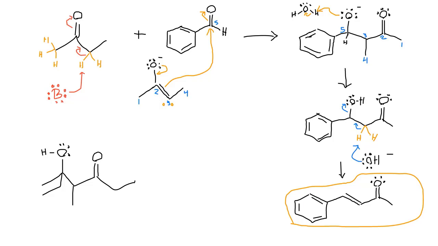While it would give you some conjugation to eliminate that OH and put that double bond there, it's only a small amount of resonance delocalization with two pi bonds, as opposed to this one where you have the benzene ring. So here, if you put the double bond here, you just have a little bit of resonance delocalization. That's good, stable, and everything like that. But you'd really have to add some heat, some energy, to push this into getting OH to leave and having a hydrogen ripped off of that alpha carbon.